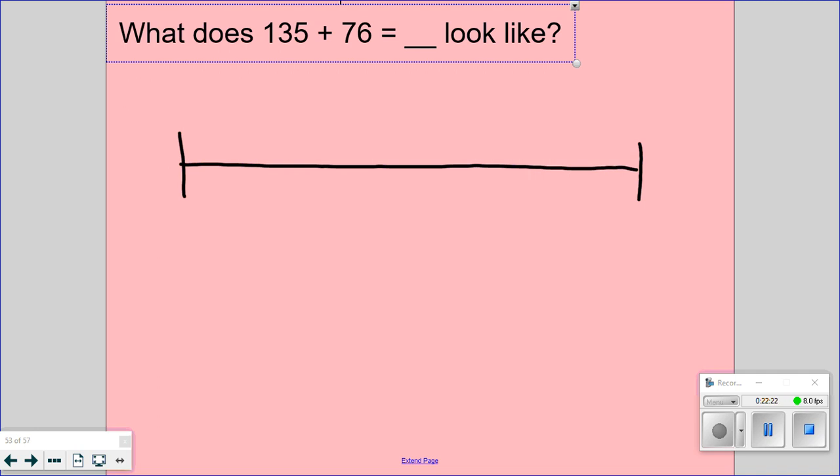When I'm adding something, am I jumping forward on the number line or going backward? Colby? I'm going forward, which means I need to put 135 at the beginning because I know I'm going that way.